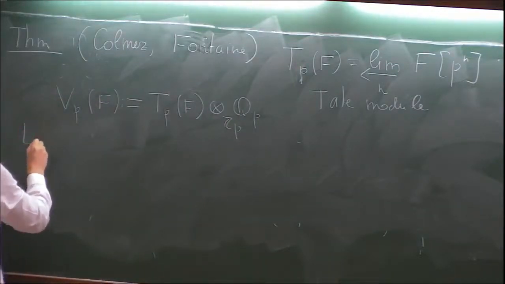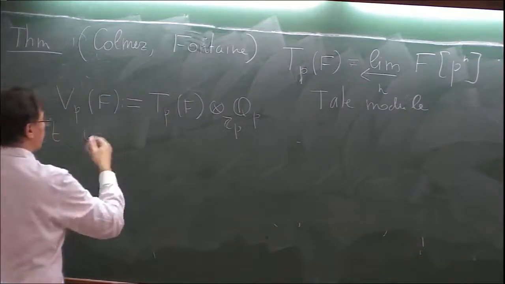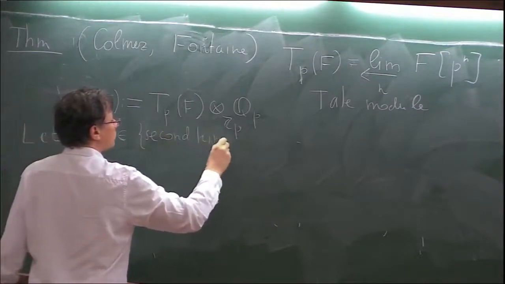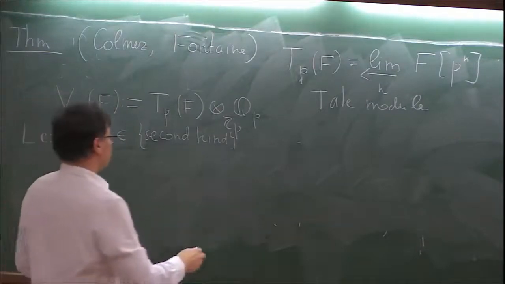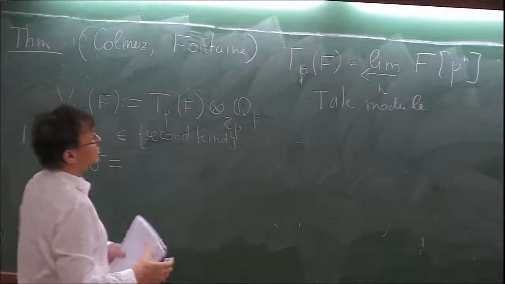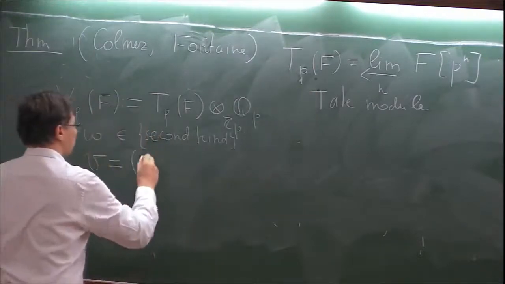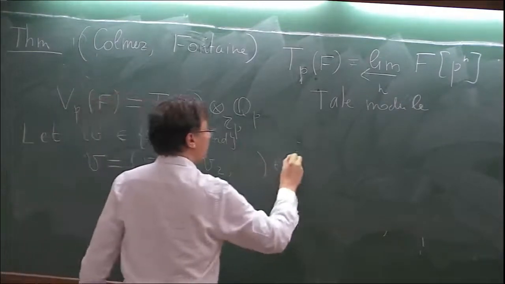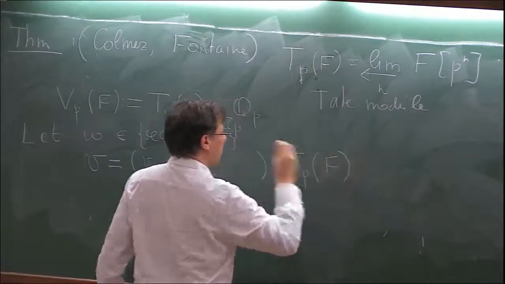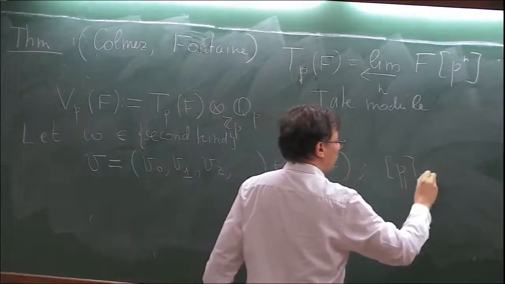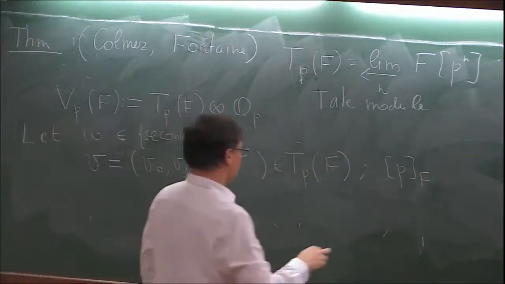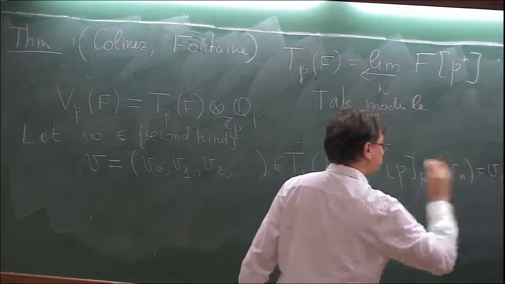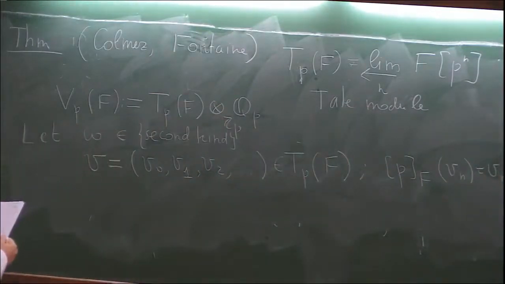Let omega be of the second kind, and let v be an element of the Tate module of F, which we write in the form v0, v1, and so on, where with respect to the formal group, [p] v_n is v_{n-1}.